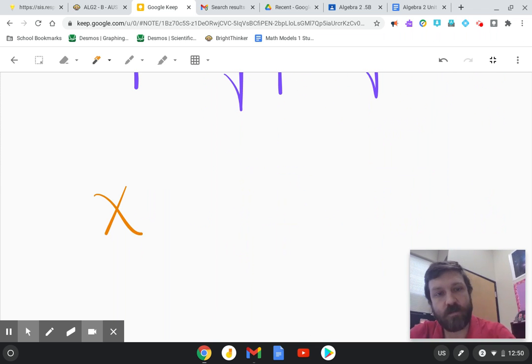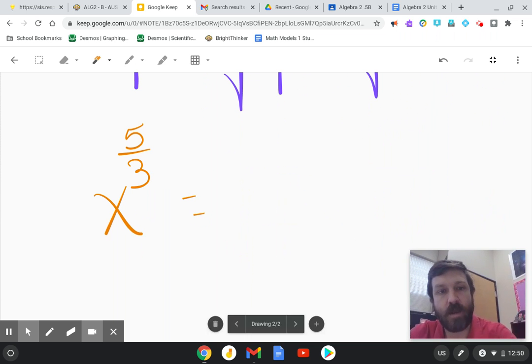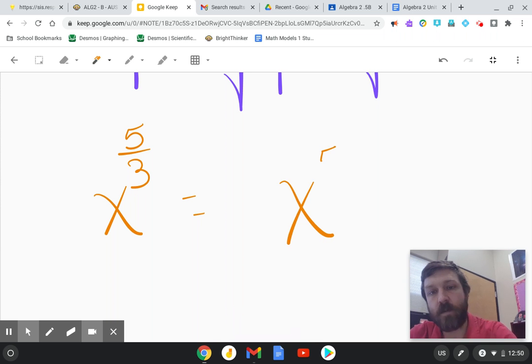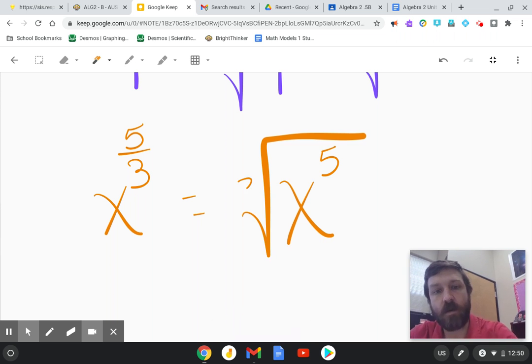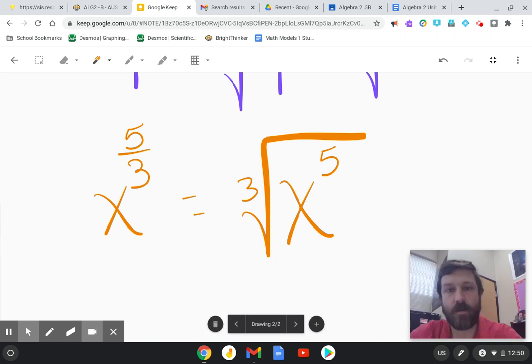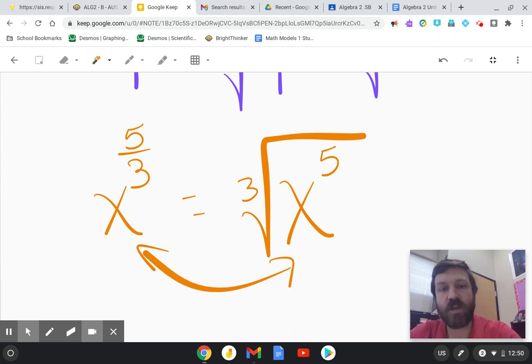Say I had x to the 5/3 power. Well, that would be a root of 3 and a power of 5, so it would be rewritten this way. Power of 5, root of 3. And so that would be the way we'd express that. So these are interchangeable.